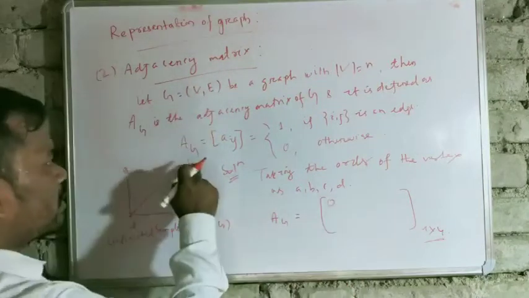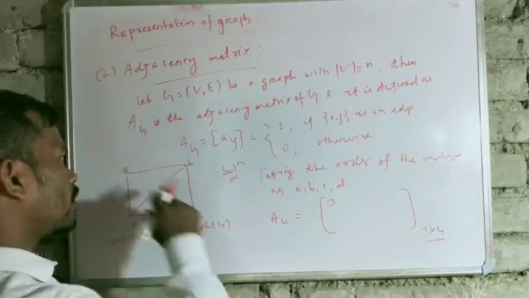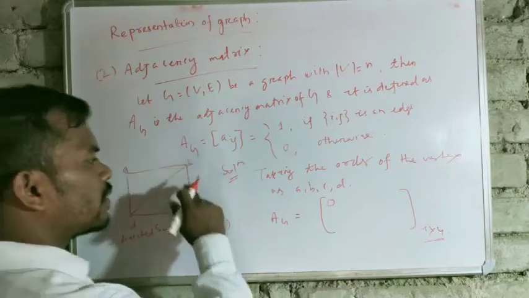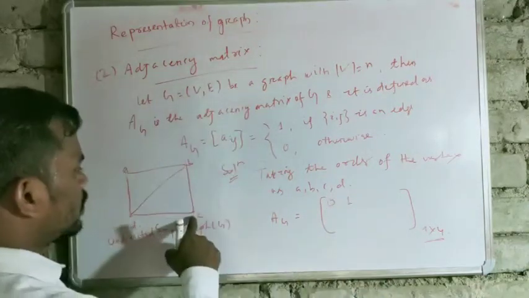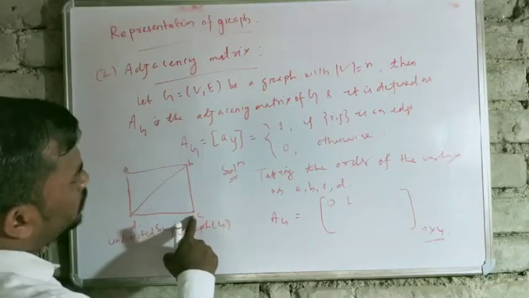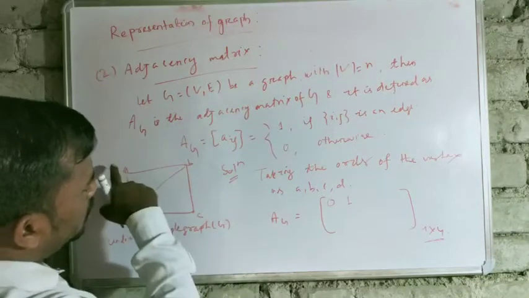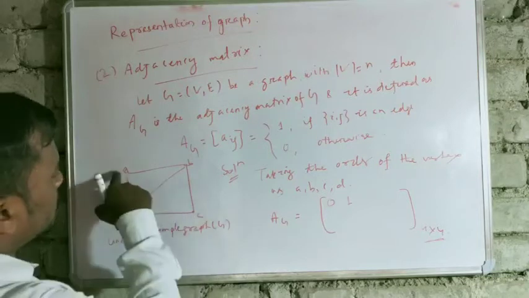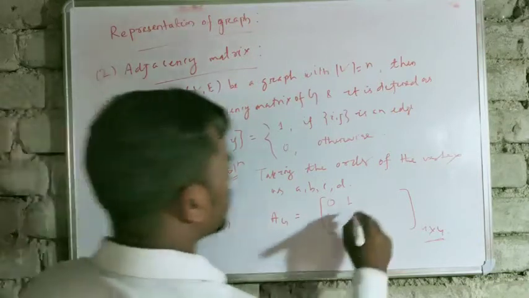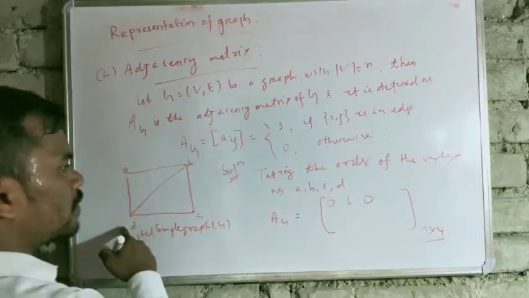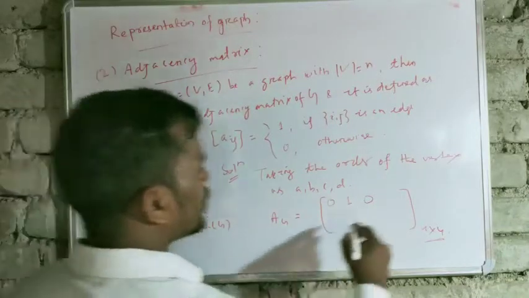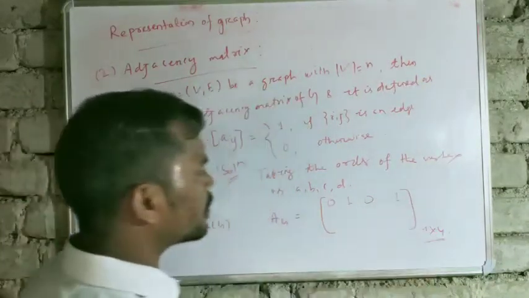And A is connected to B, so this entry is 1. And A is not connected to C, because there is no edge that connects the vertex A to C, so this entry is 0. Similarly, A is connected to D by an edge, so this entry will be 1.